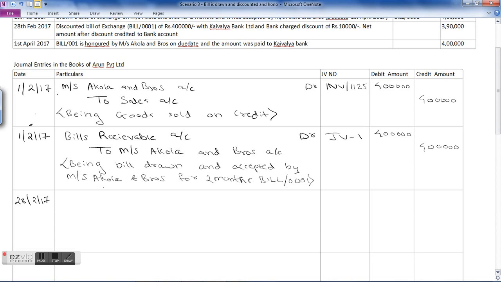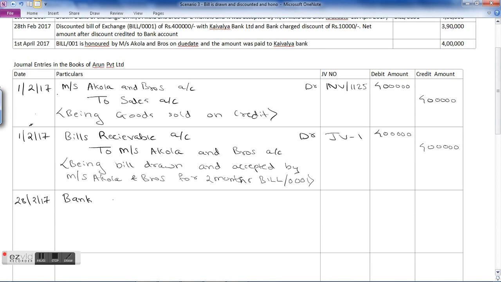So debit all expenses. So the discount account, we have to debit discount expenses account by rupees 10,000, and the net amount, that is 4 lakh minus 10,000, 3,90,000 has been credited to bank account. So we have received the amount in our bank, so we will be debiting our bank account.